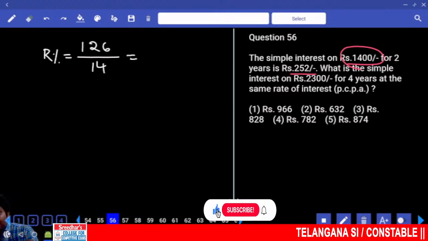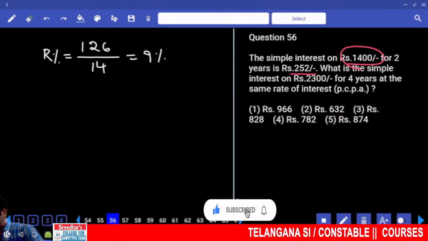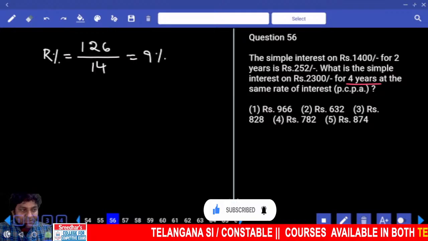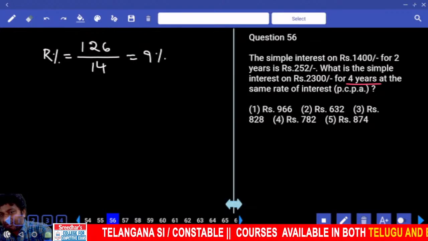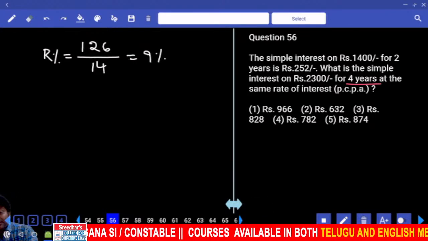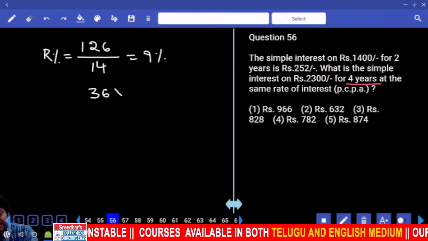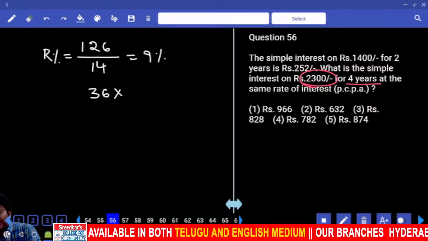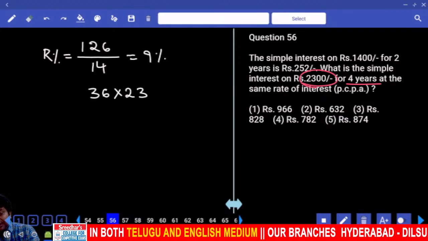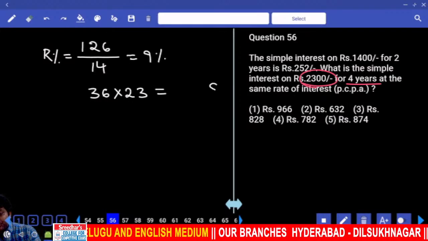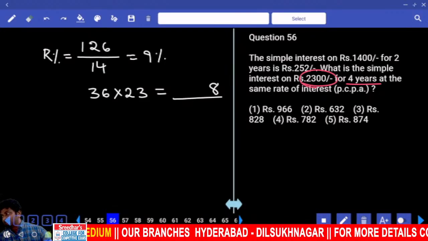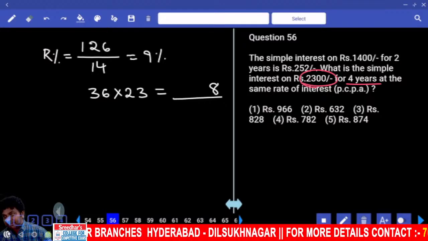Then this is equal to 9%. Rate of interest is 9%. Now we have to calculate it for 4 years. 4 into 9, 36% calculated on new principal 2300, where 1% value is 23. Answer ends with, how many are there? Only one. Yes.